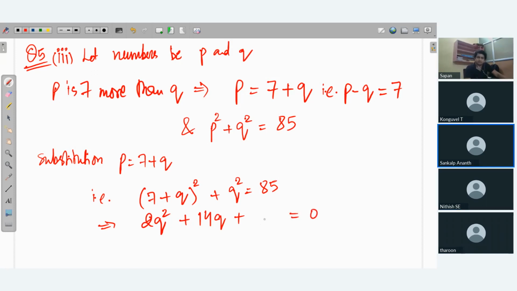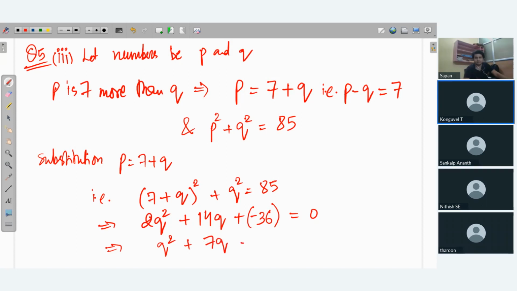It's negative 36. So it is 85 minus 49, which is 36. You transpose the 85, bringing it to the left-hand side.